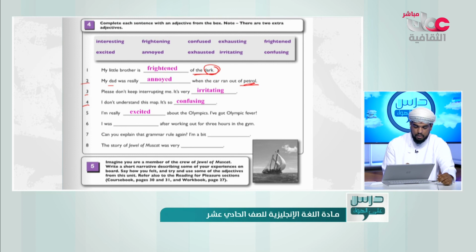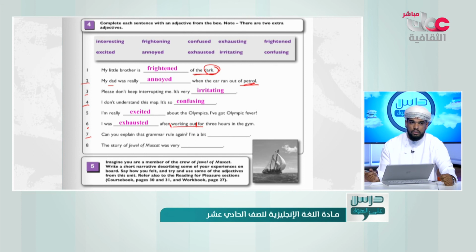Number 6, after working out for 3 hours in the gym, I was what? After working out, doing sport. Exhausted. I'm tired. I was exhausted. The working out is exhausting. Number 7, can you explain that grammar rule again?